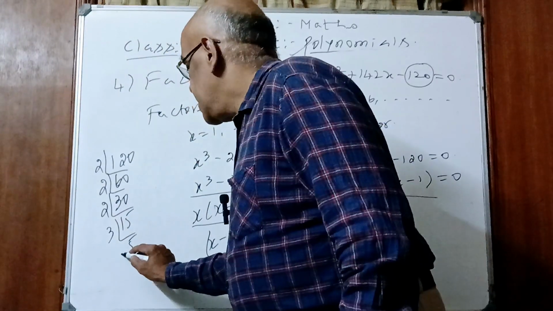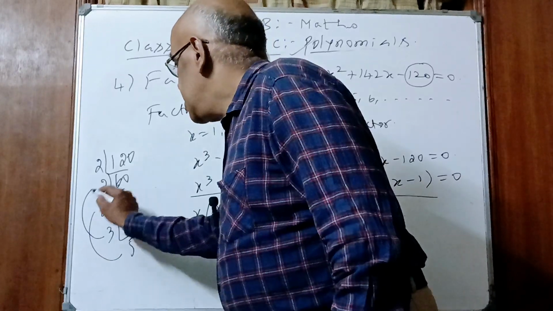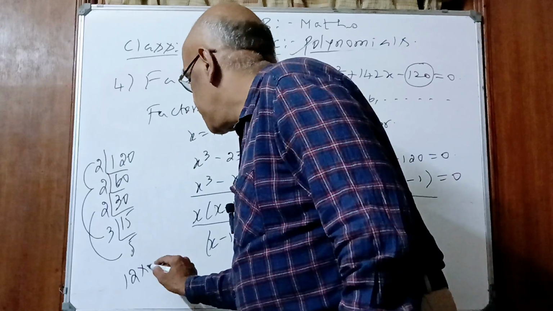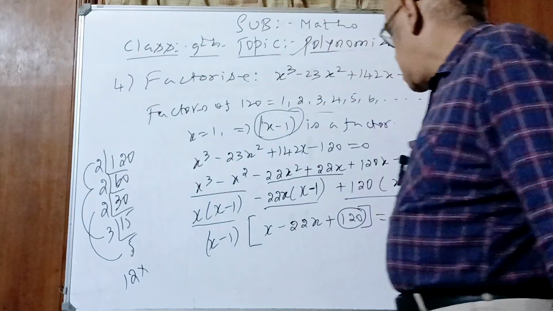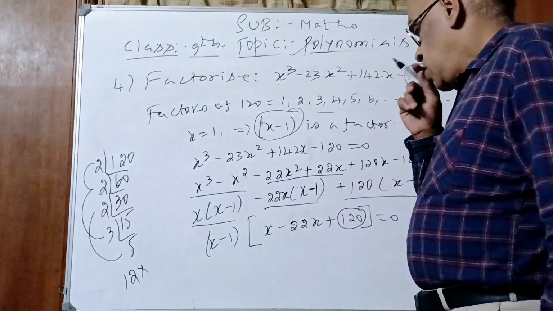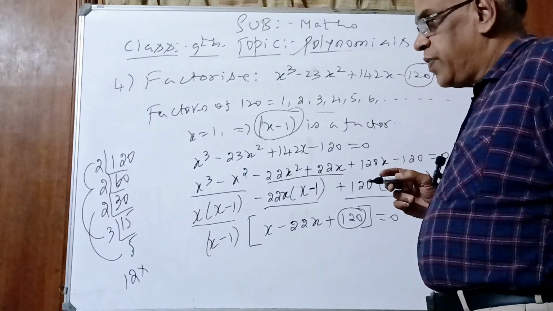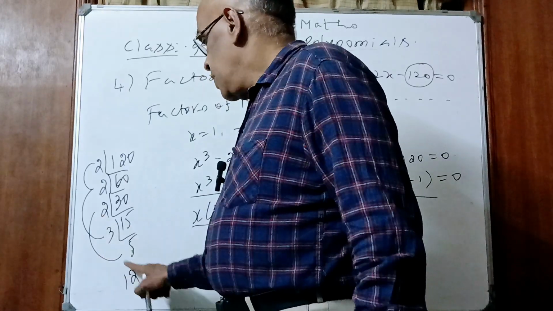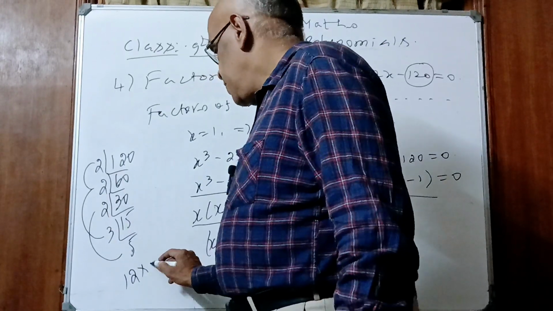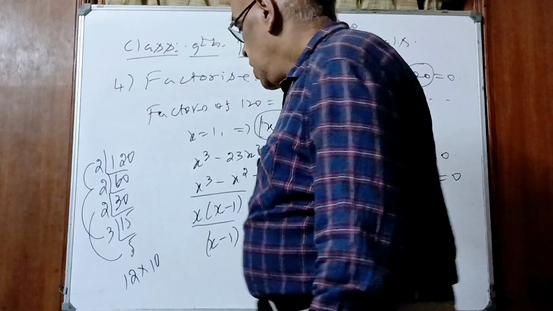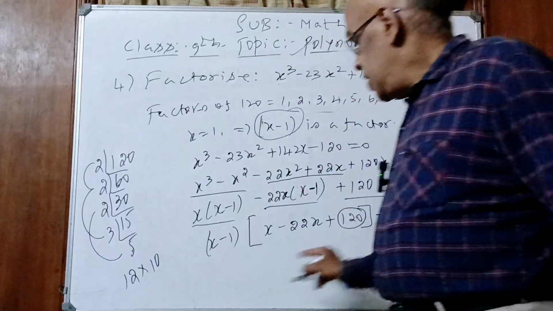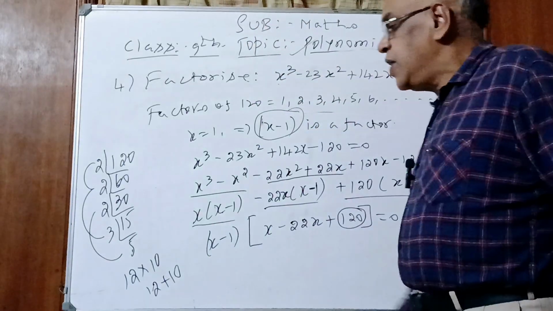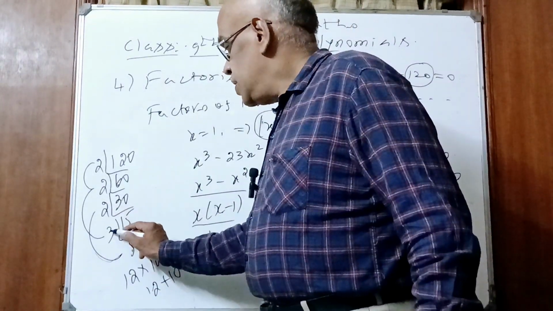What are the factors, children? 5 twos are 10. 3 twos are 6, 2 twos are 12. 12 tens are 120. 12 plus 10 is 22. What do I take? 5 into 2, 10.